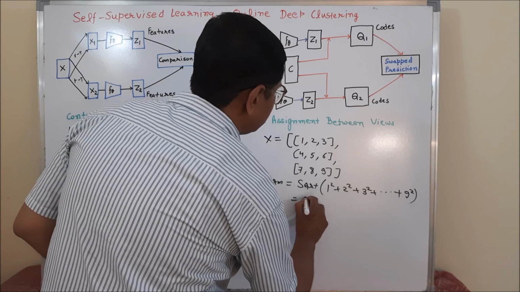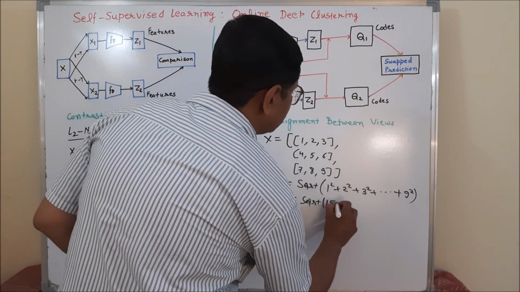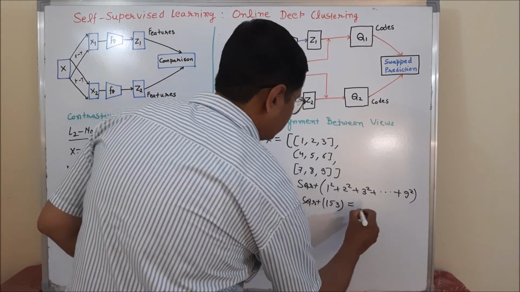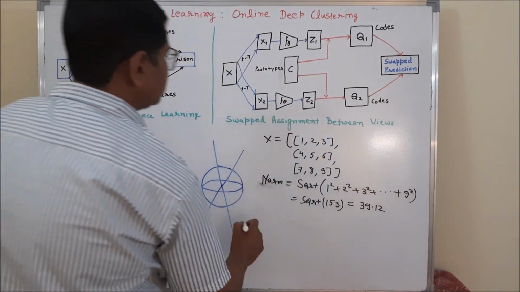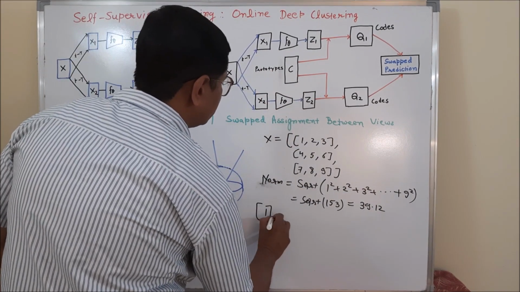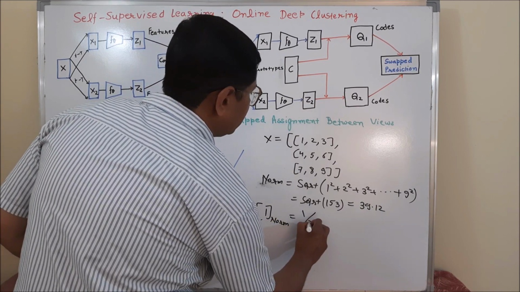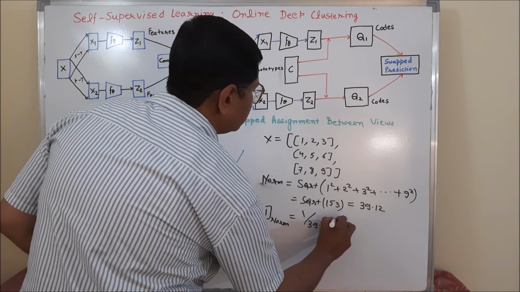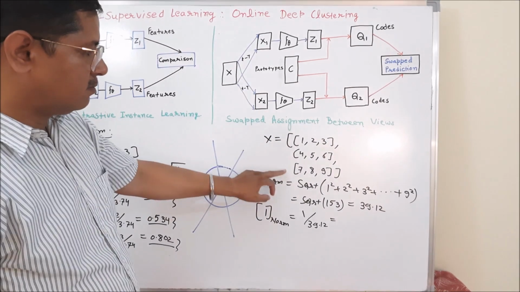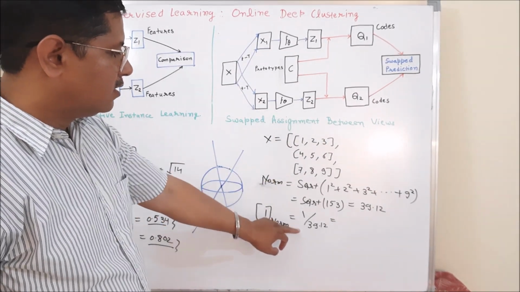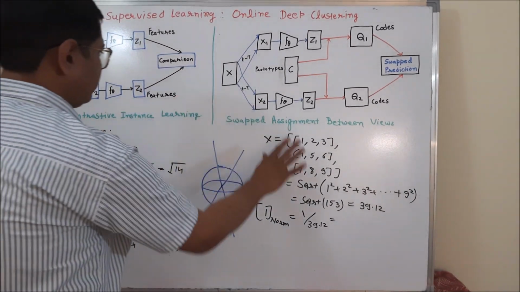I have computed it. It is equal to 153 and the square root will be equal to 39.12. So we can easily compute the L2-Norm of 1 divided by 39.12 like that. So this is the way we can represent those numbers through L2-Norm.